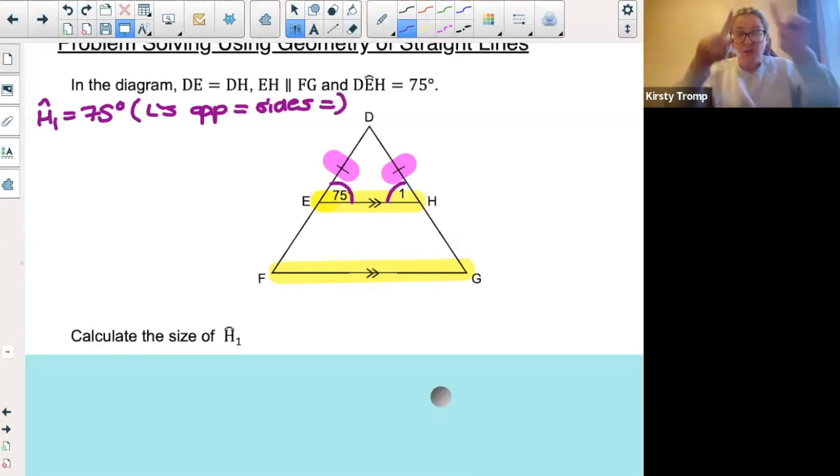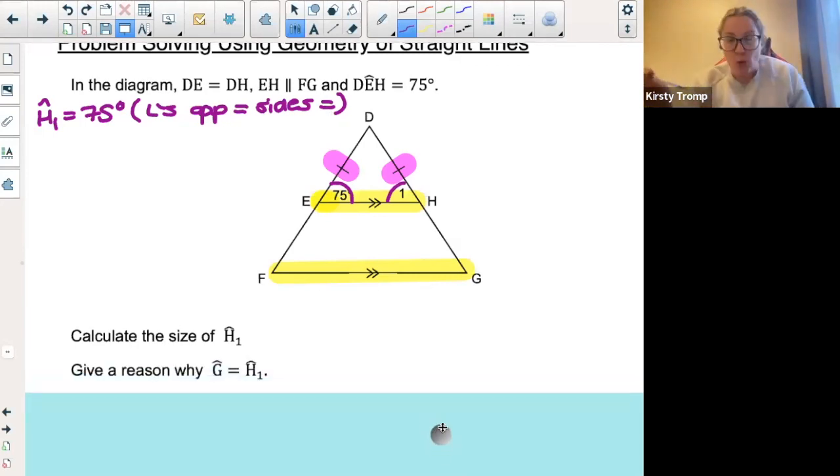So if you've got a triangle with equal sides, then the angles opposite the equal sides are equal. That is the reason we're going to use. So H1 is 75 degrees. Moving to our next question.